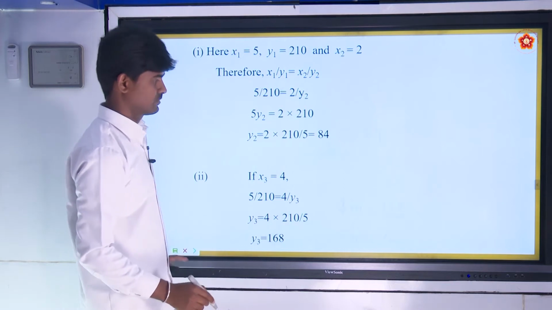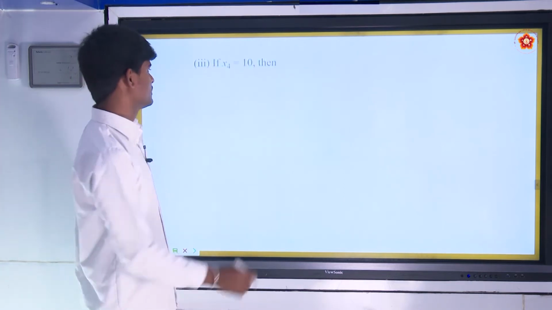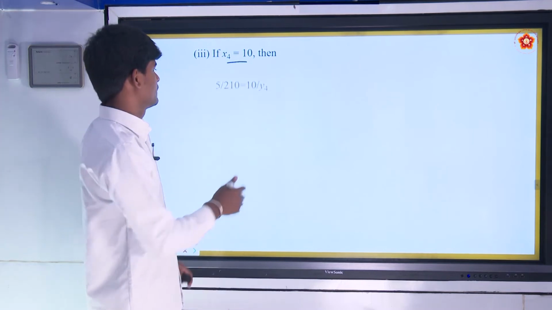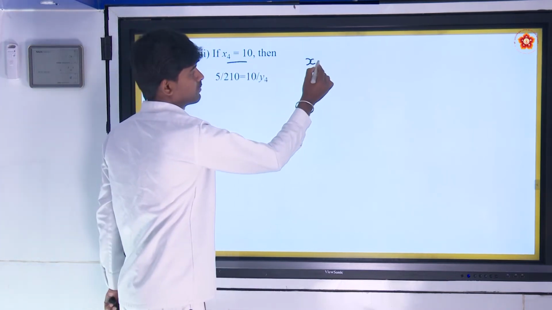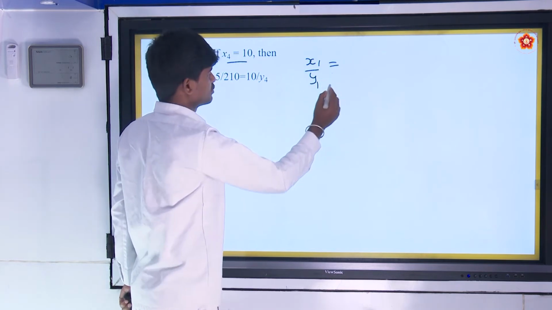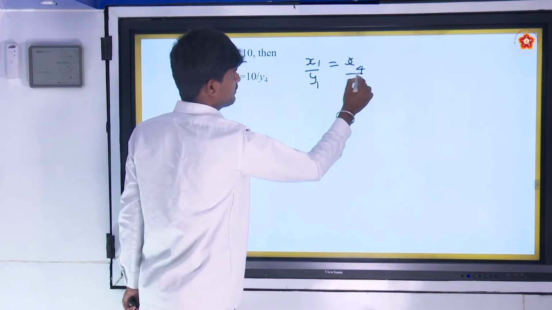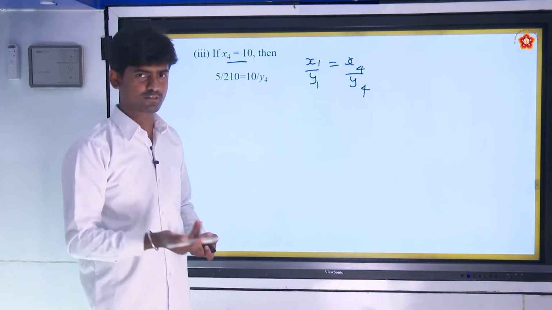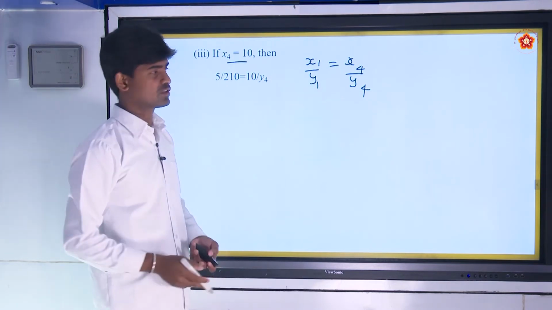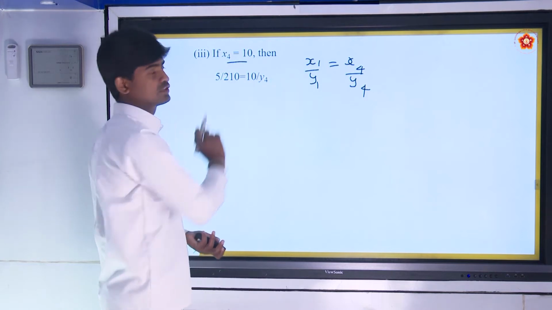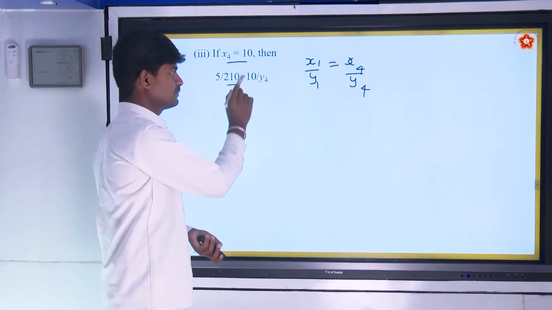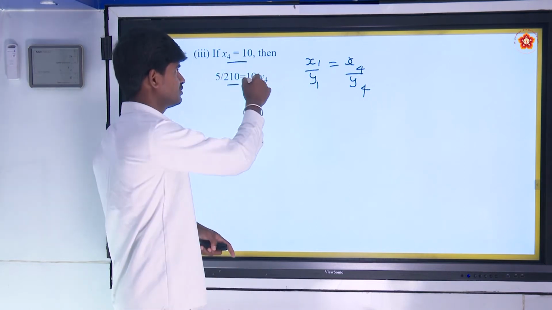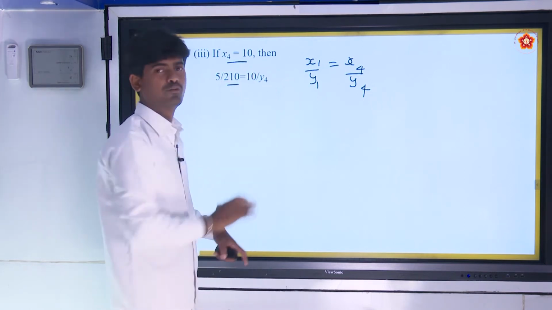Last one, x4 is equal to 10. Same formula again: x1 divided by y1 is equal to x4 divided by y4. Substitute the values: 5 divided by 210 is equal to 10 divided by y4.